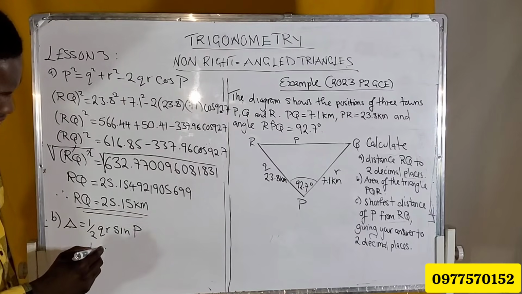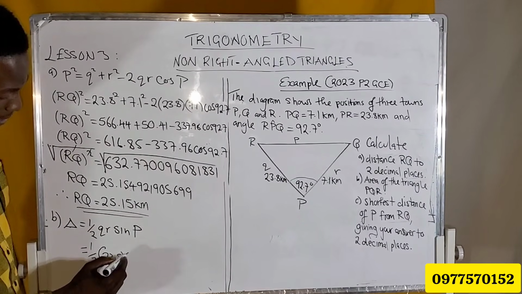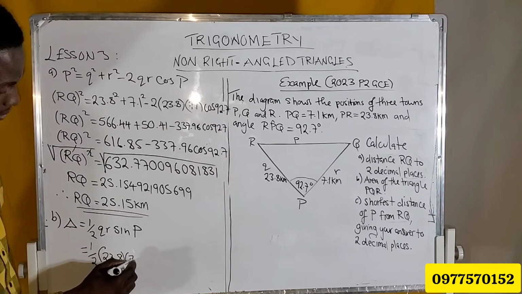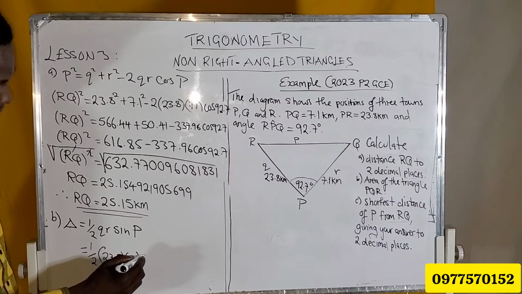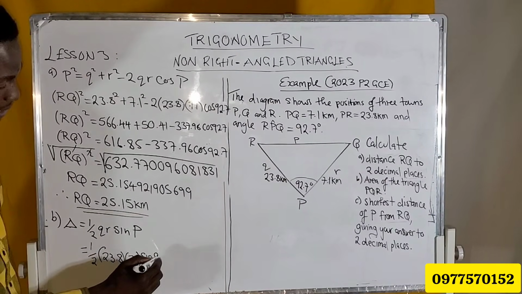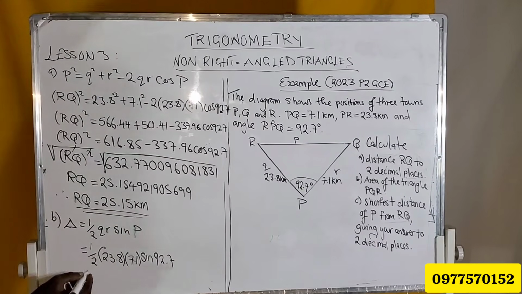Q is 23.8, then and 3.8. R is 7.1 sine P. What is P? P is 92.7. Then this is just 2 marks.